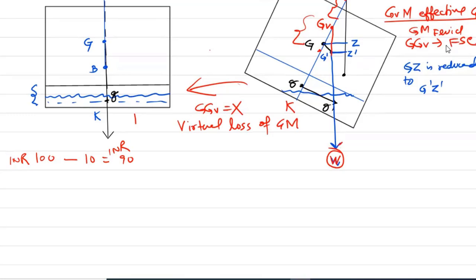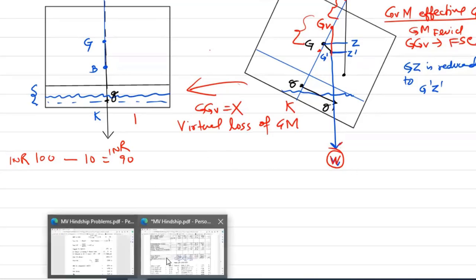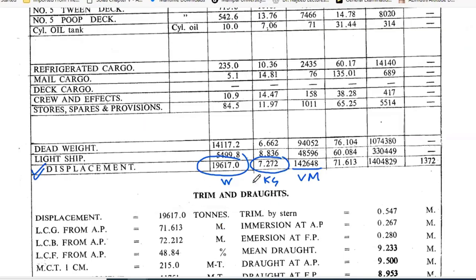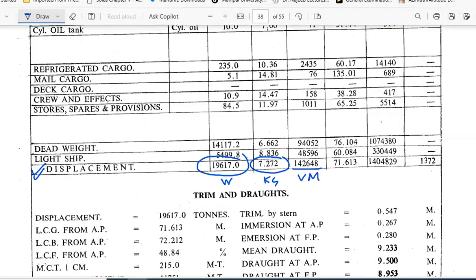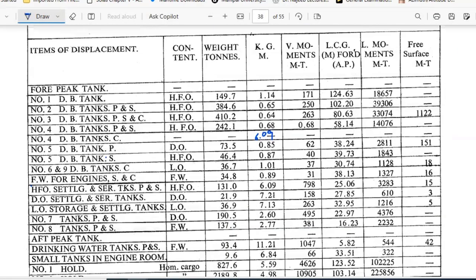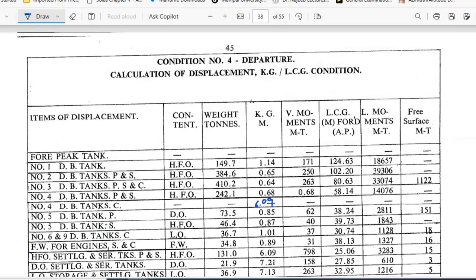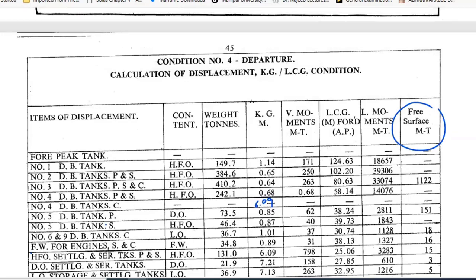Same logic here. My ship was in which condition? Light ship, condition number 4. And the free surface moment is already given.